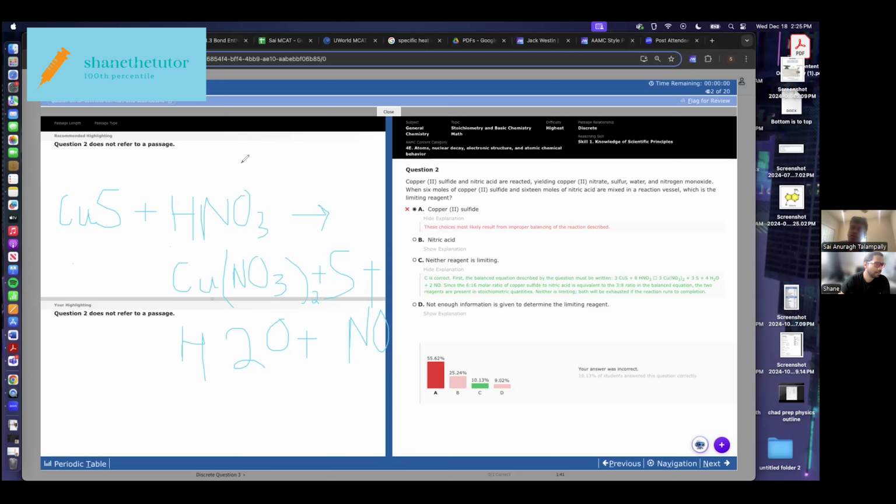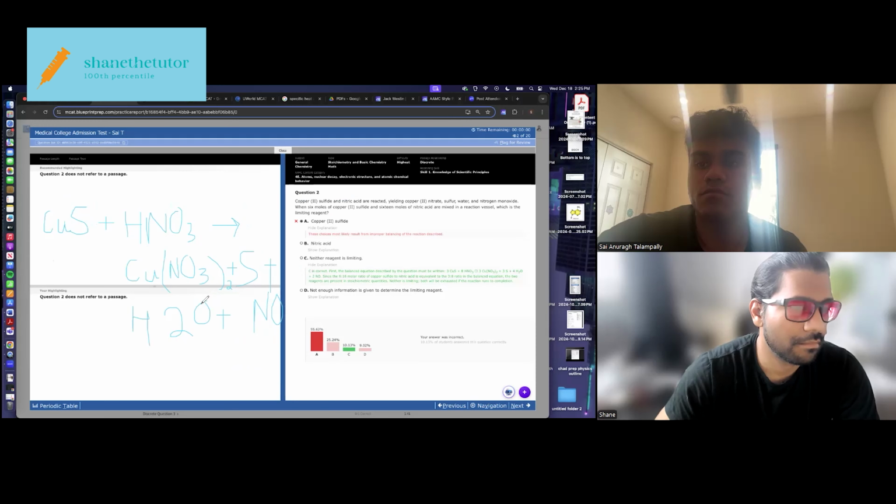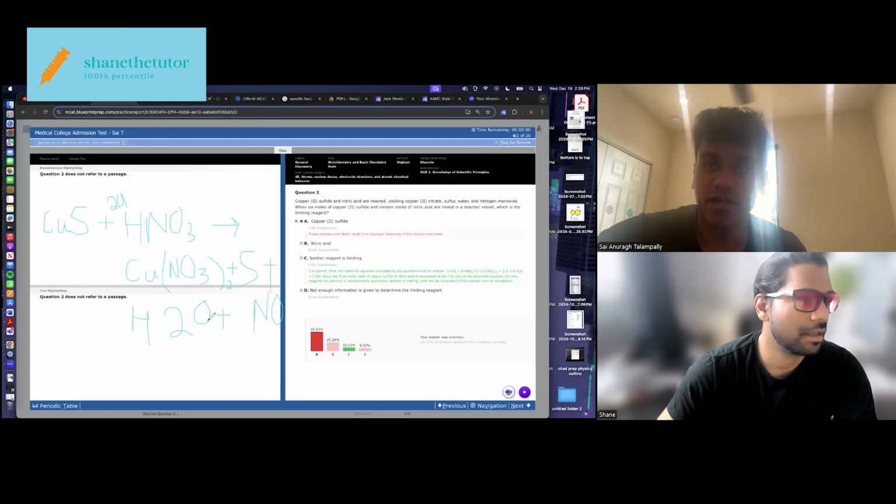Because a multiple of 3 and 8, because if we have three oxygens here and we have eight oxygens there. So can I put maybe 24 here? Because even though there's three oxygens here, there's eight oxygens there. Actually, that doesn't make any sense.